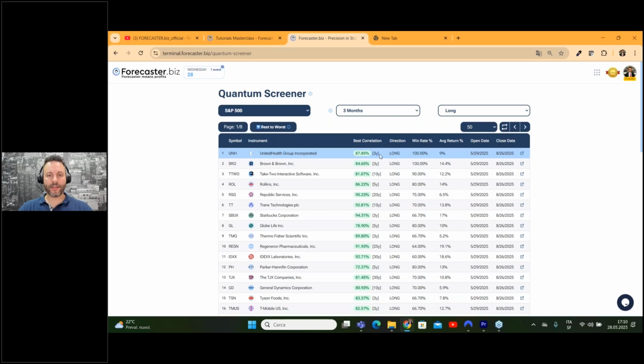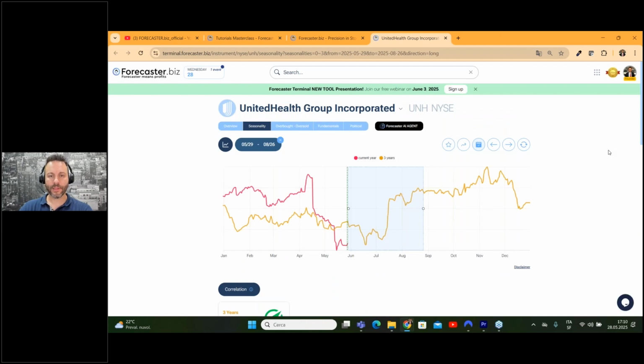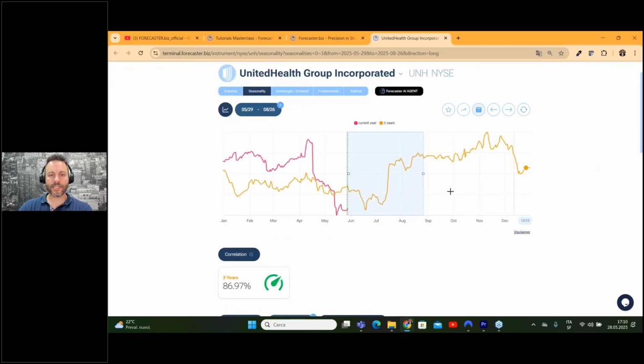The first trade available is United Health Group Incorporated, which at the moment has an 87% correlation with the 3-year seasonality. What does it mean? If we open it, look, as you can see, the current year, the actual prices in pink, are moving 86% like they did on average in the last 3 years.